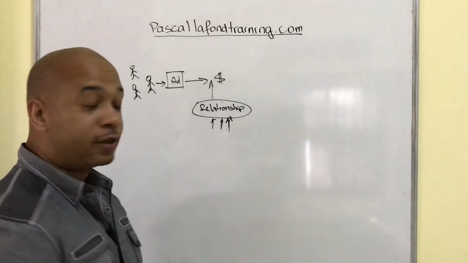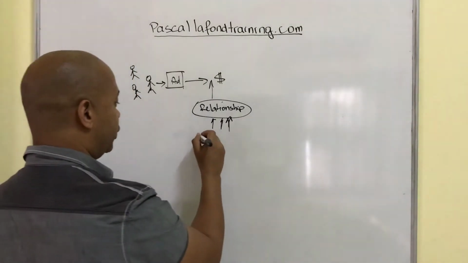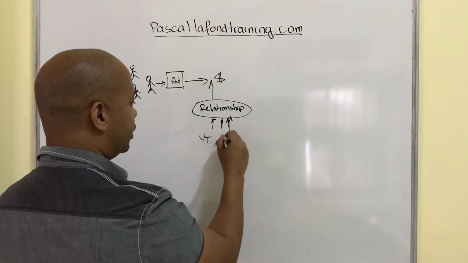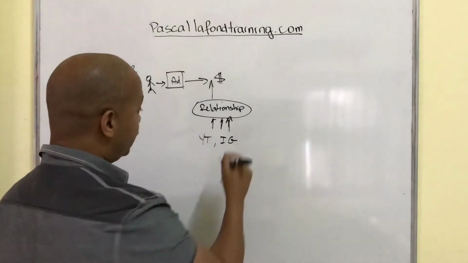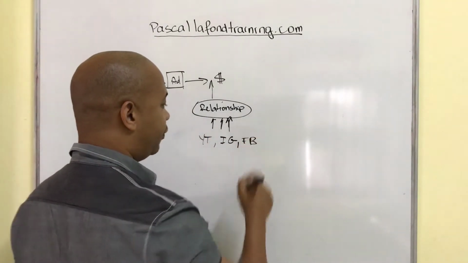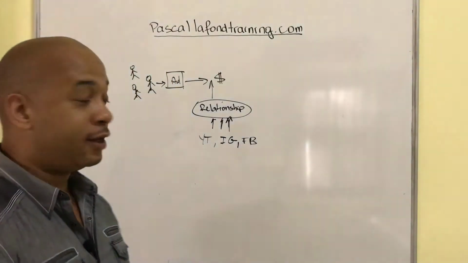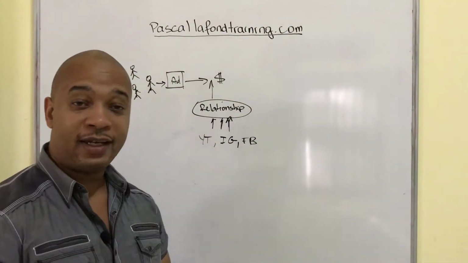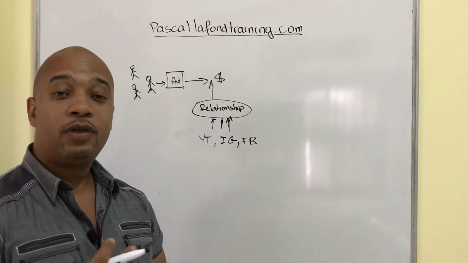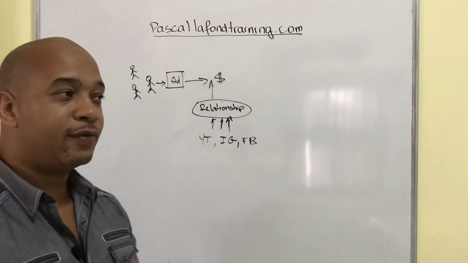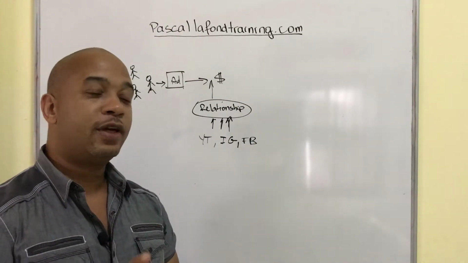Now, to create your content, you can pick a platform. It could be YouTube, Instagram, or Facebook, if you have a Facebook fan page. You create content there, and then you educate people. There are two ways to do this.